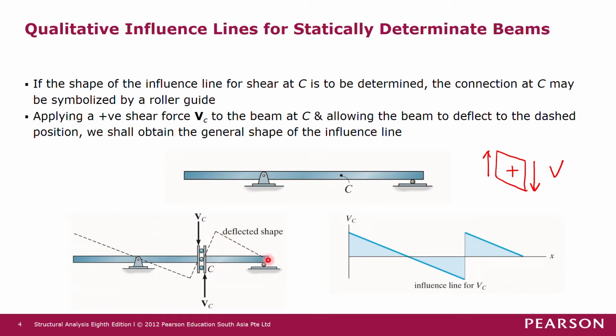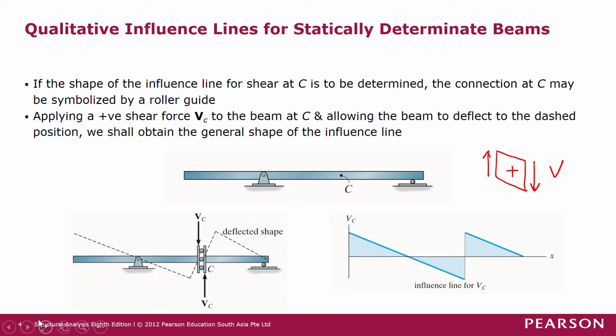So in this case, we can say that the shear force influence line for cross section C here is something like this, the same as the deflected shape acted upon by the function here. This is based on the positive direction of shear forces.